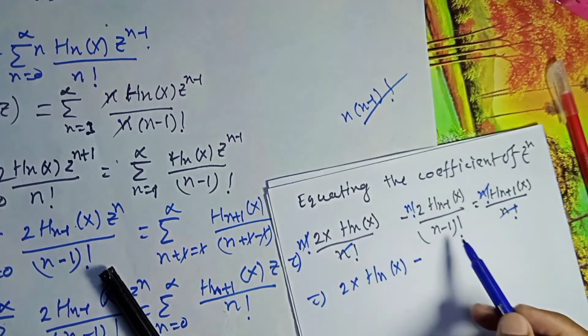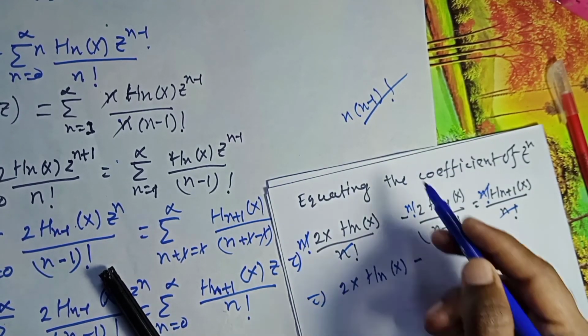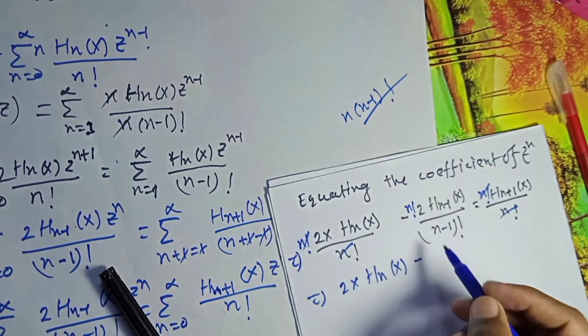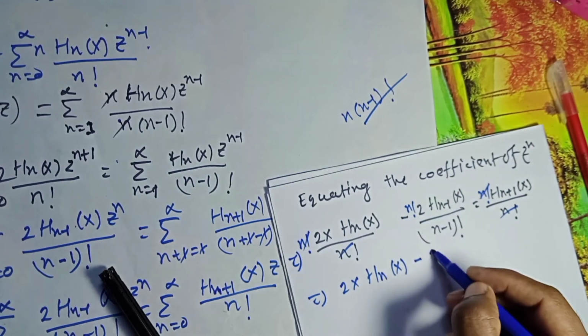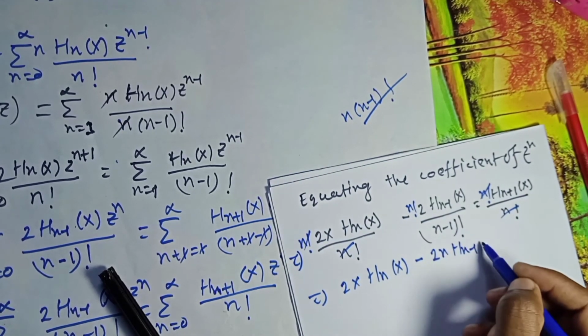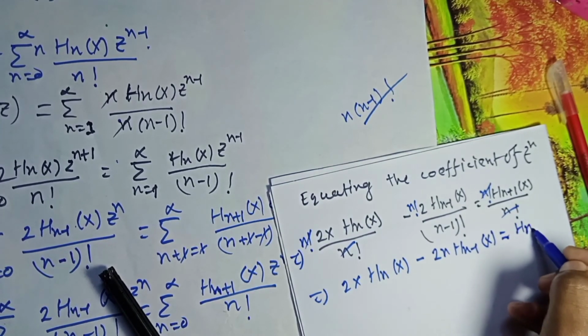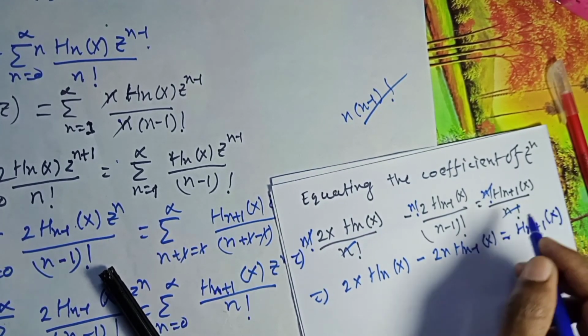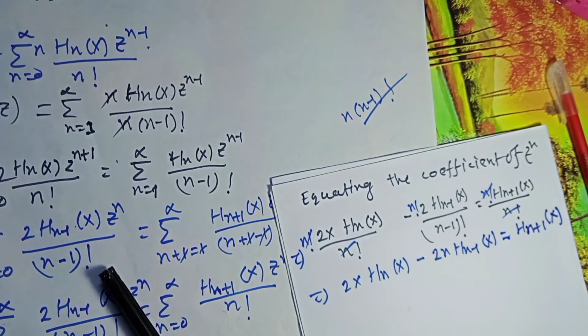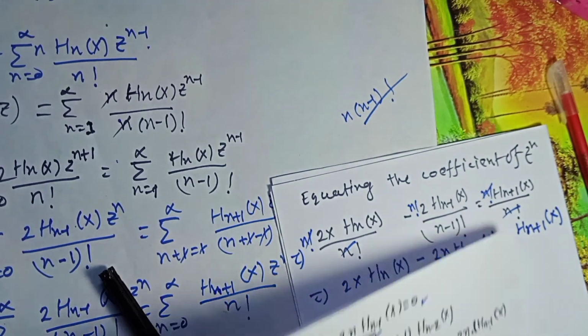Here n minus 1 factorial gets cancelled, and only n remains, that is 2nH n minus 1 of x, and the right side is H n plus 1 of x. This is the third required recurrence relation.